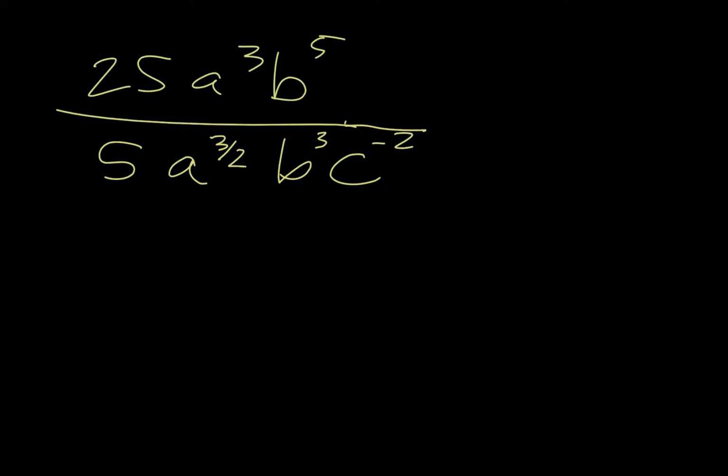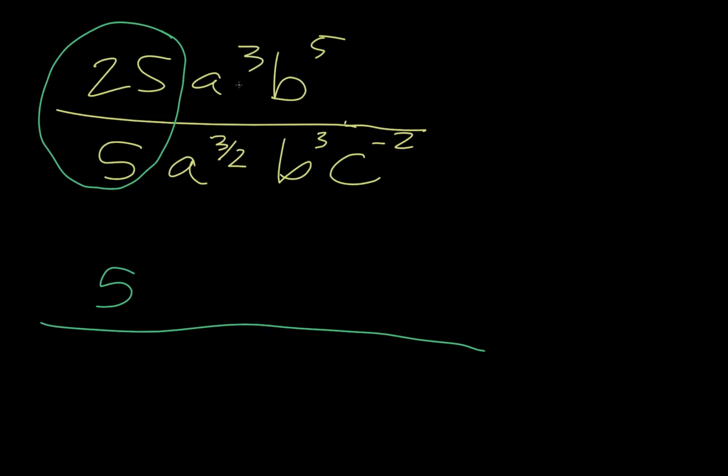So this is similar to some of the problems you did on your previous homework, but it's just a little bit more advanced. Since this doesn't have any exponents, we're going to treat it just like a fraction. So 25 divided by 5 would just be 5.